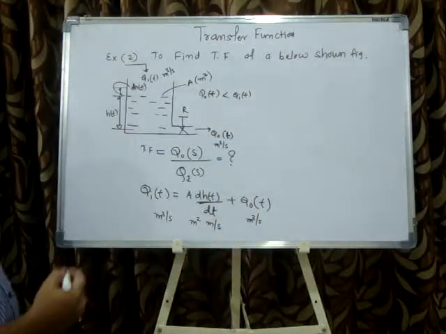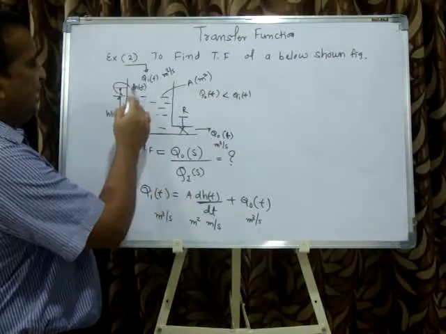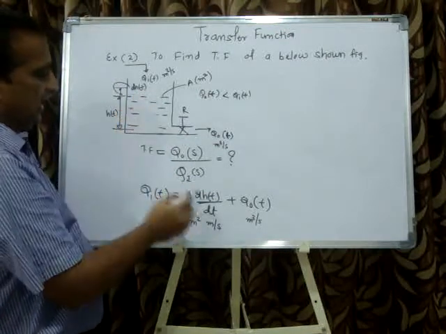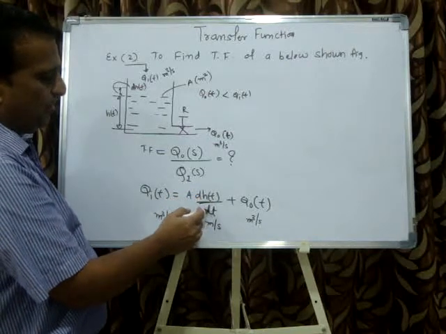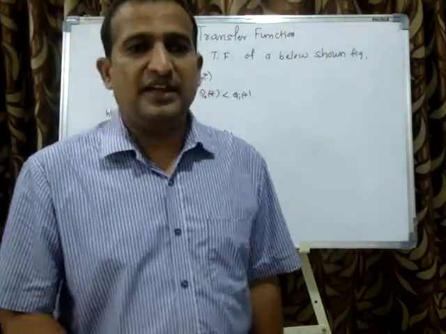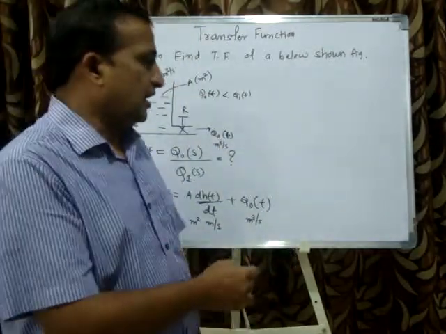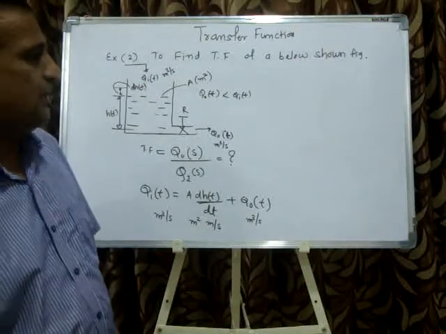A is the area of cross section of the tank, and dH is the increase in the height, or change in the head of liquid, with respect to a particular time. Now it is a differential equation. The Laplace will help us to convert differential equations into simple algebraic equations.